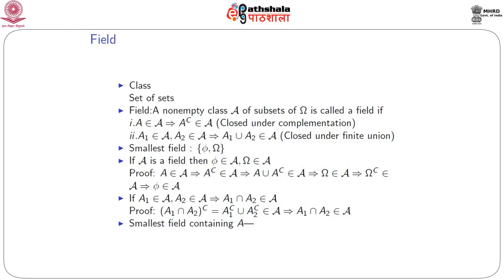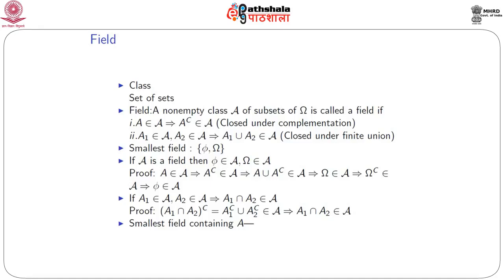One interesting thing is: what is the smallest field that we have? The smallest field is the collection of phi and omega. Why is it so? Let us check the first condition. Phi belongs to script A. Now, its complement, phi complement, is the universal set, which also belongs to script A. So, this class is closed under complementation.